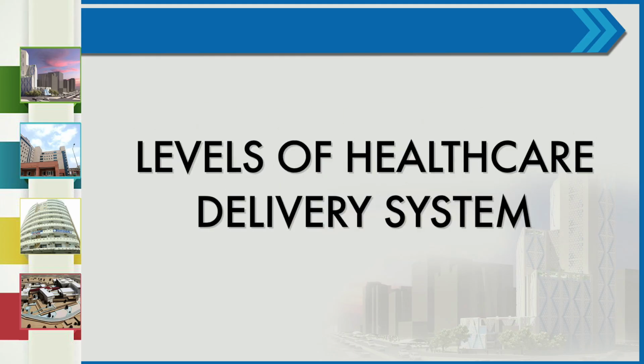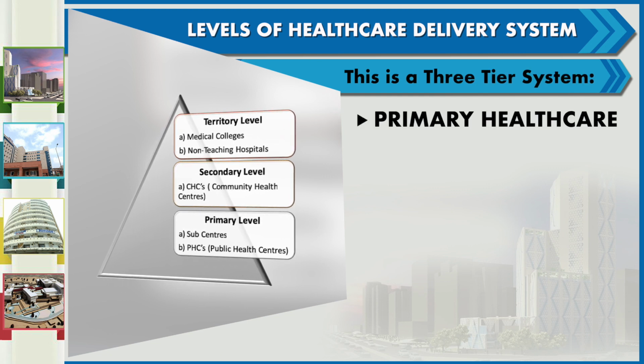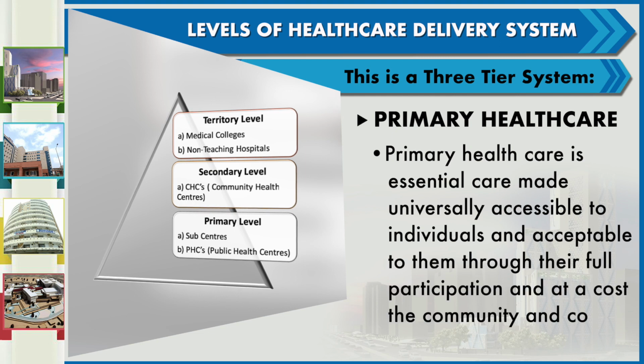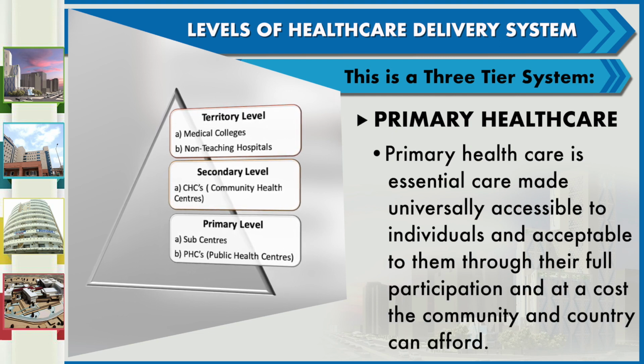Levels of healthcare delivery systems. So, there is a 3-tier system, starting with the primary level of healthcare. The primary healthcare system is the first point of contact to the healthcare services.